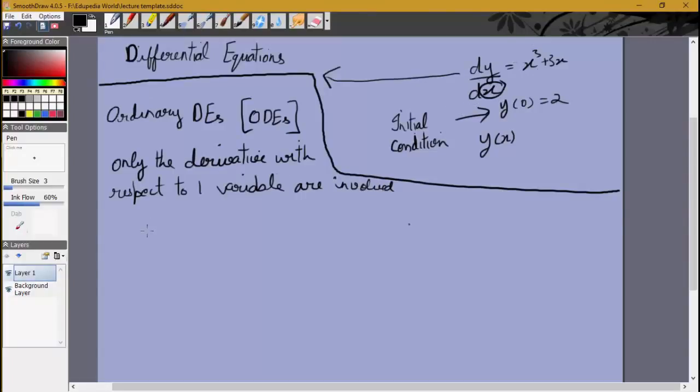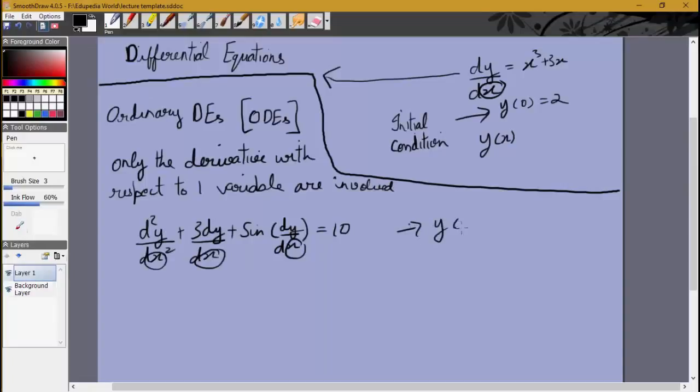So d2y by dx squared plus 3 dy by dx plus sine of y is equal to 10 is still an ordinary differential equation because all the derivatives are with respect to a single variable x, and generally the solution would be of the form y of x, y as a function of x.